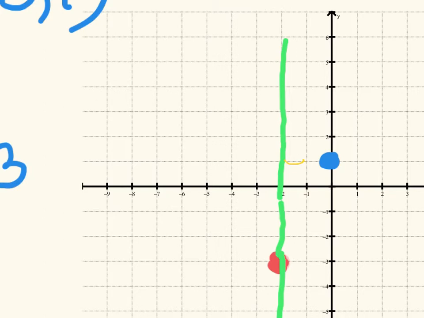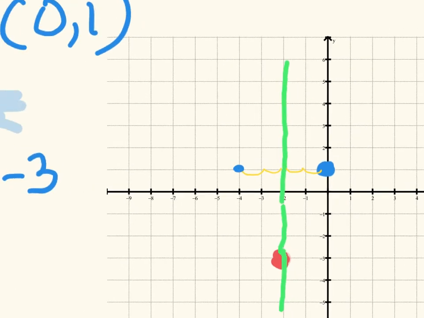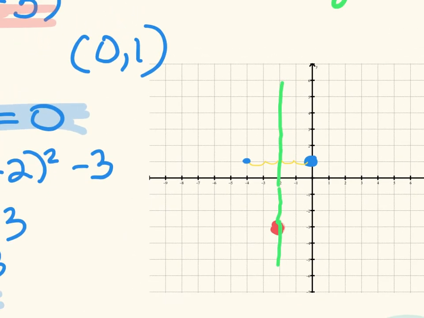You see how it's 2 boxes away? Then I can come over here and count 2 boxes horizontally across and put my left side. I can use that line of symmetry to get my third point. Now I can connect my points and make my parabola.